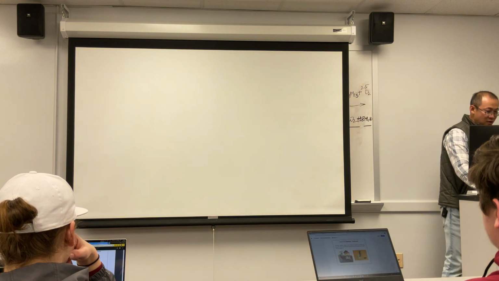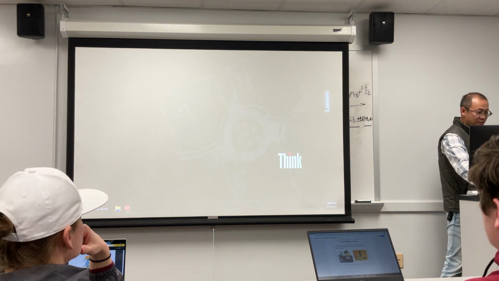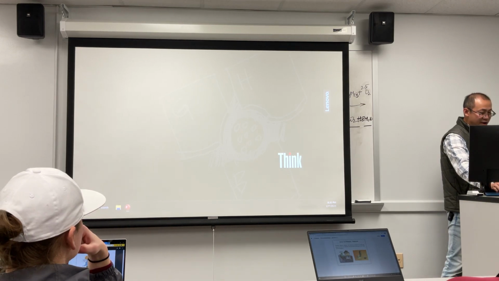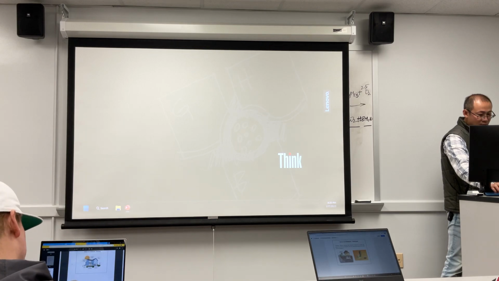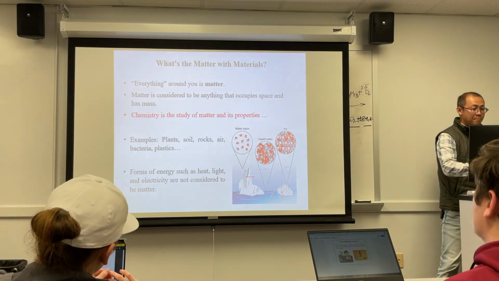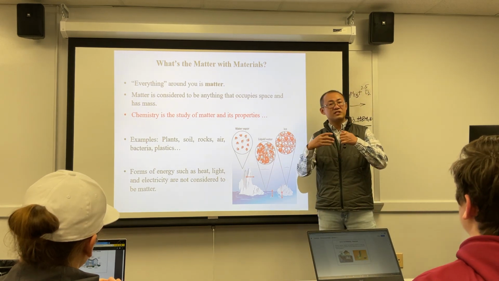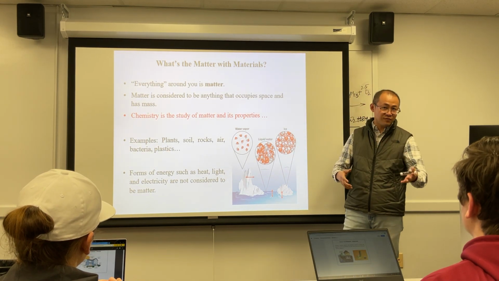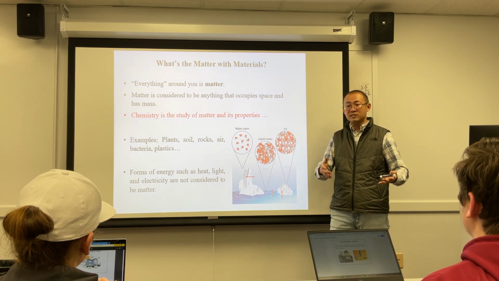So that is all about chapter 1. We studied the air. We studied some basic chemistry language and concepts, and we studied matter. How are we classifying matter? Mixture, pure substance. How do we classify pure substances?